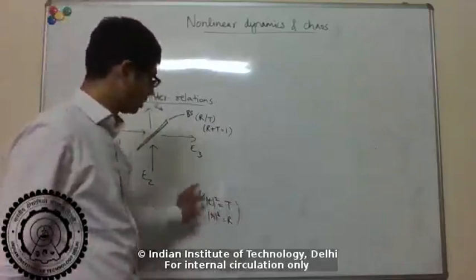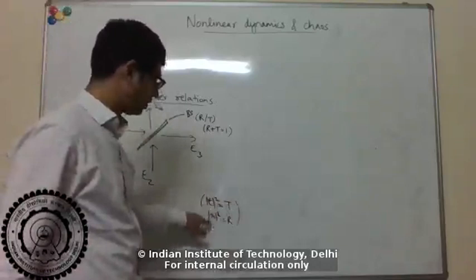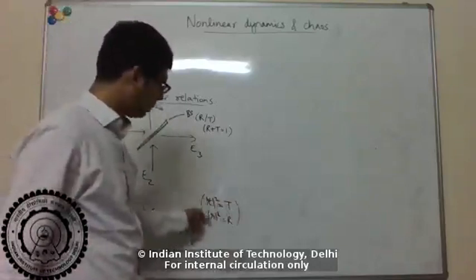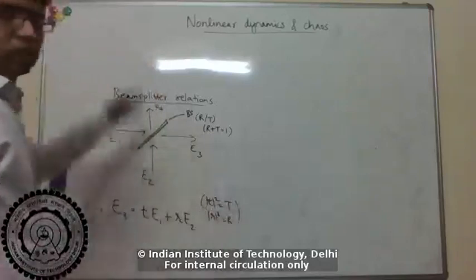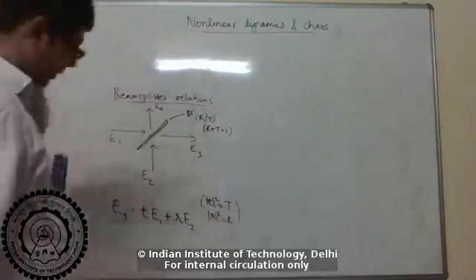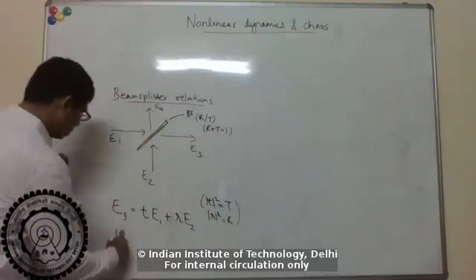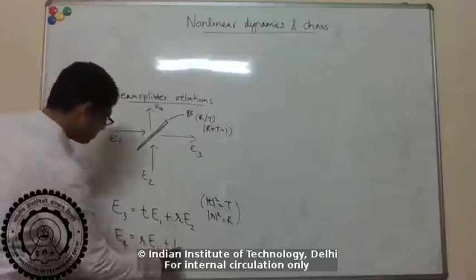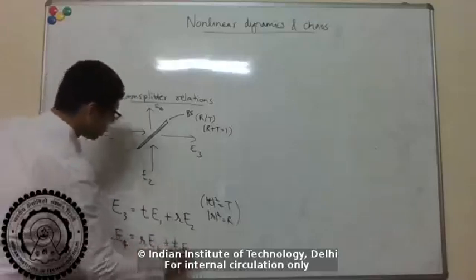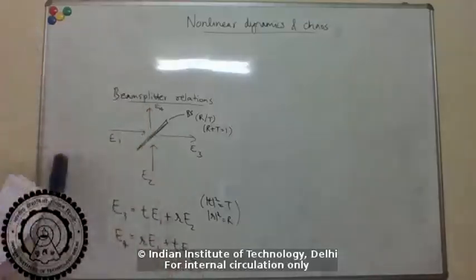So t and r will have some phase, so each is a complex number, not just a real number which is the square root of T or R, which for example we could take for a mirror, right? Similarly, E4, I can write as r times E1 plus t times E2.